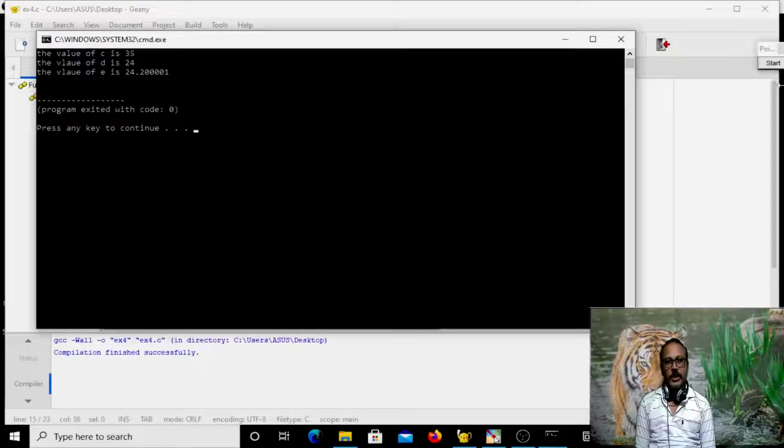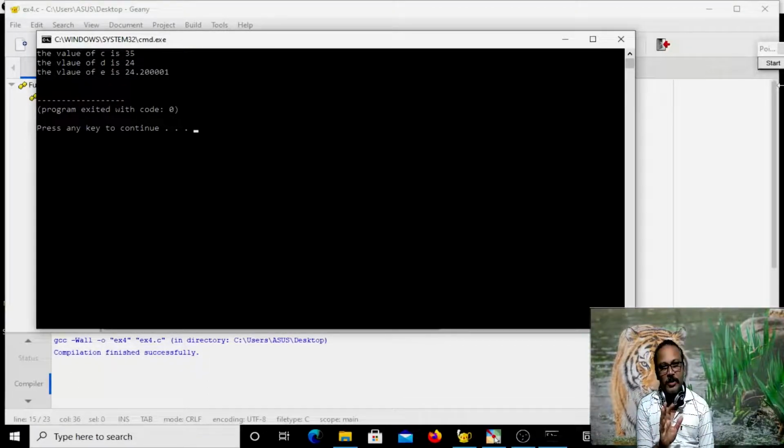Now you can see 24.2, and the tricky one is the issue with computers. You can see it is not 24.2 exactly; there are some zeros followed by 1. So computers cannot actually store it precisely.